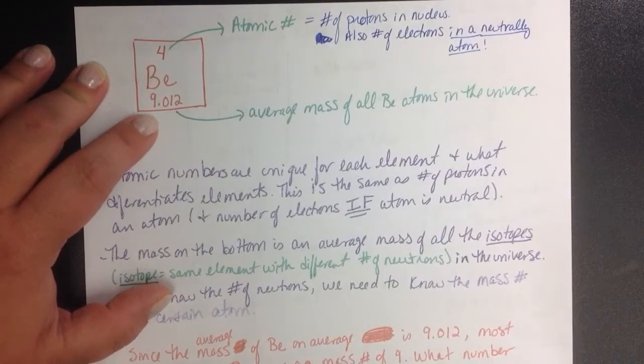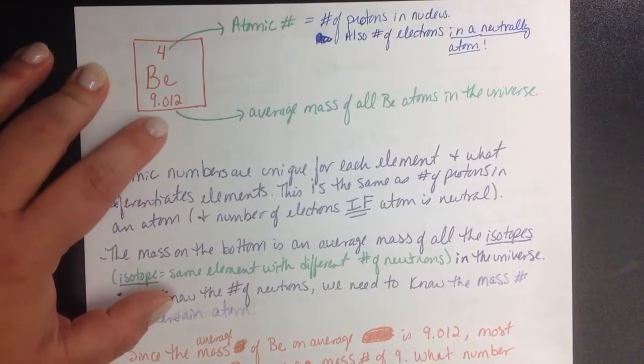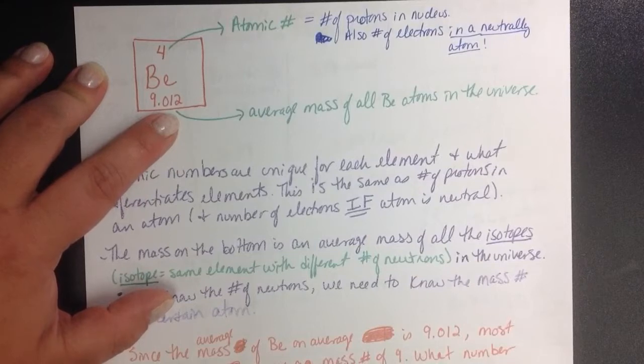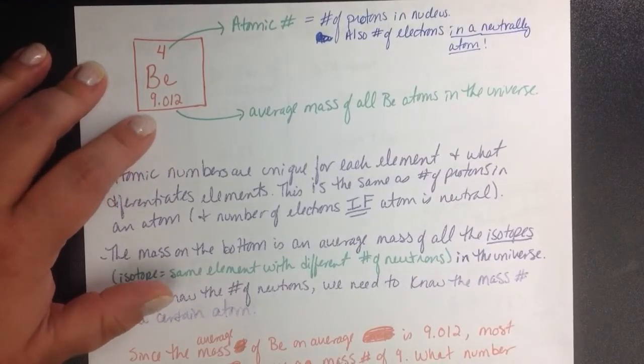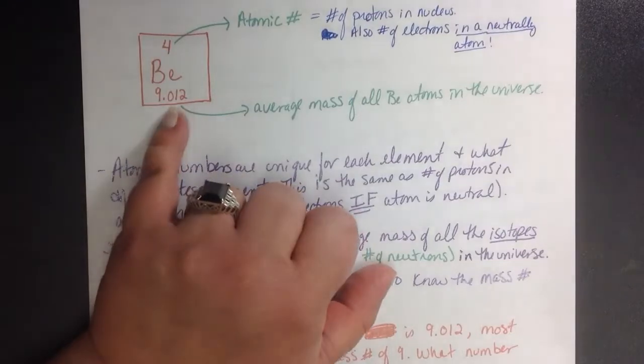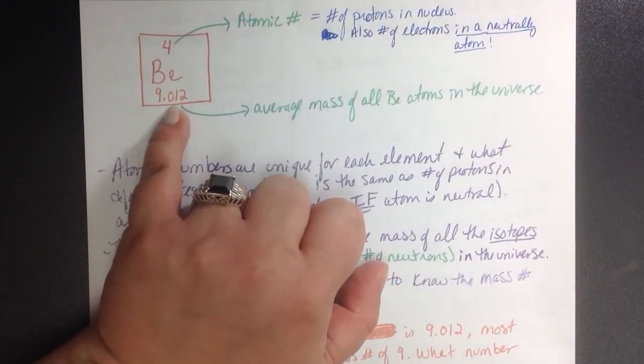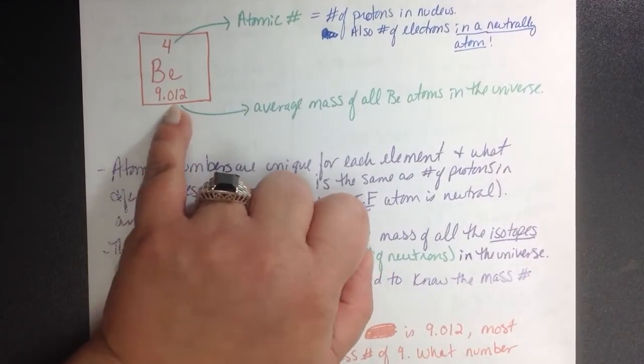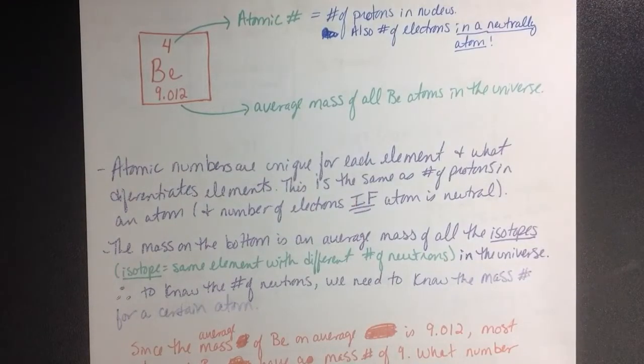So when this is said to be an average, it's not that you have 0.012 of a neutron hanging out somewhere. It's that if you have a whole bunch of beryllium atoms, what we find is their mass on average is 9.012, because there's probably a little bit that's going to have a mass of 10 instead of 9.